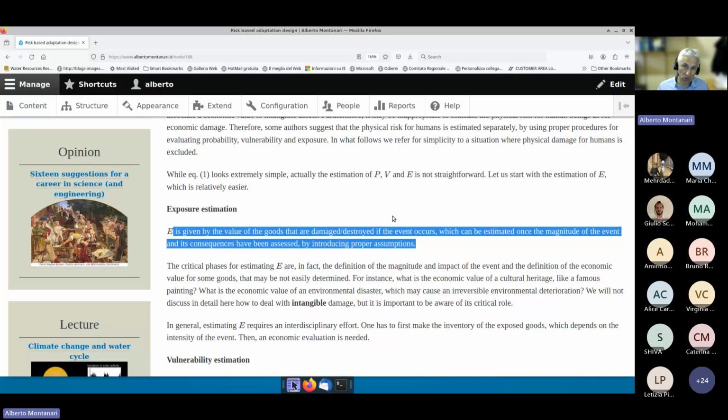Let's bring Europe to net zero by 2040, because we think, based on our understanding, that it's safer. We cannot wait for 2050. Be careful, because when you make these decisions, it's precisely your responsibility, your task. So this is exposure estimation.